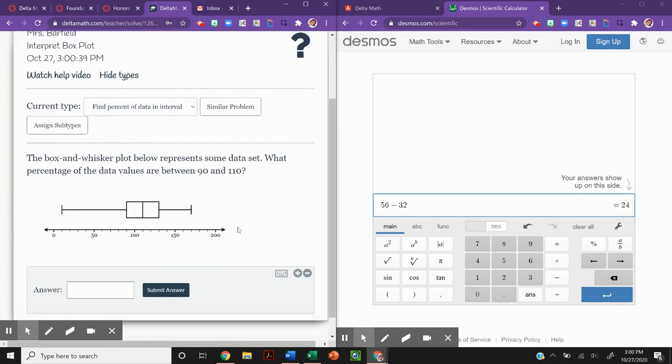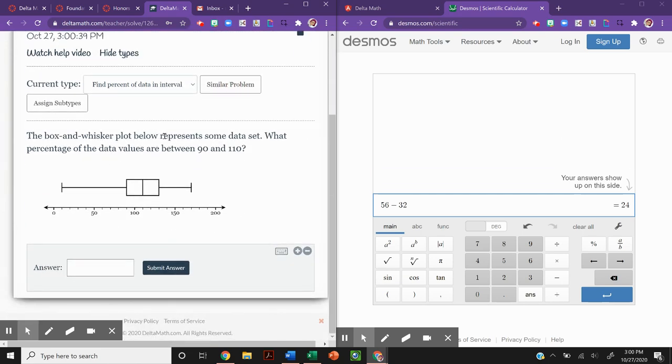Similar problem. It says the box and whisker plot below represents some data set. What percentage of the data values are between 90 and 110? 90 looks to be about right here and 110 looks to be right here with the median. From here to here looks to be 25%. So 25, and I think if I type in the percent symbol, I'm going to be okay.